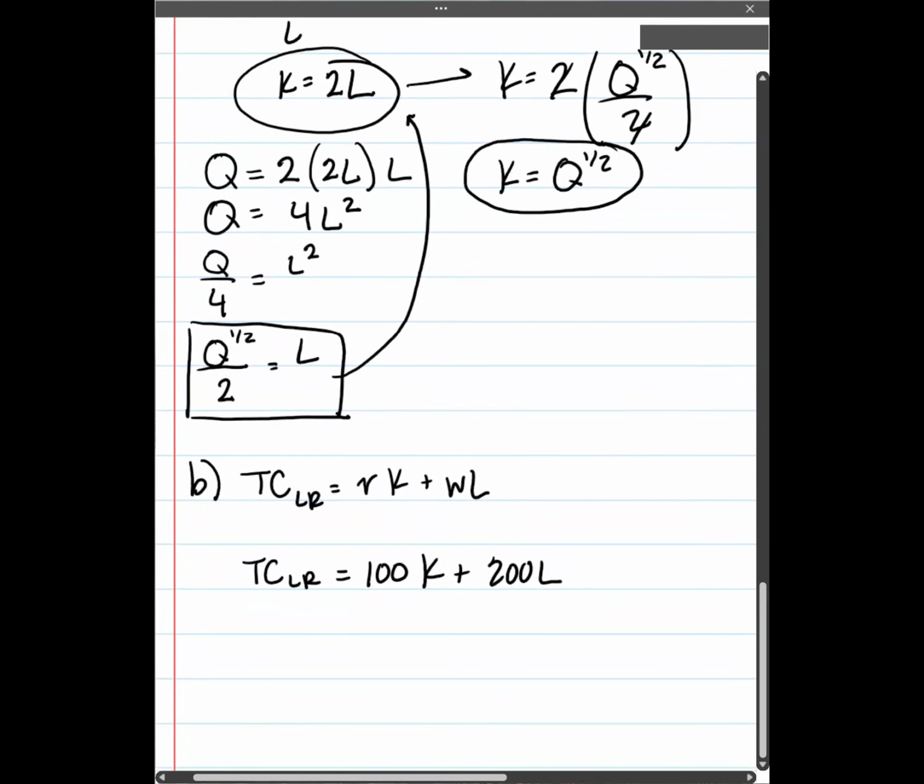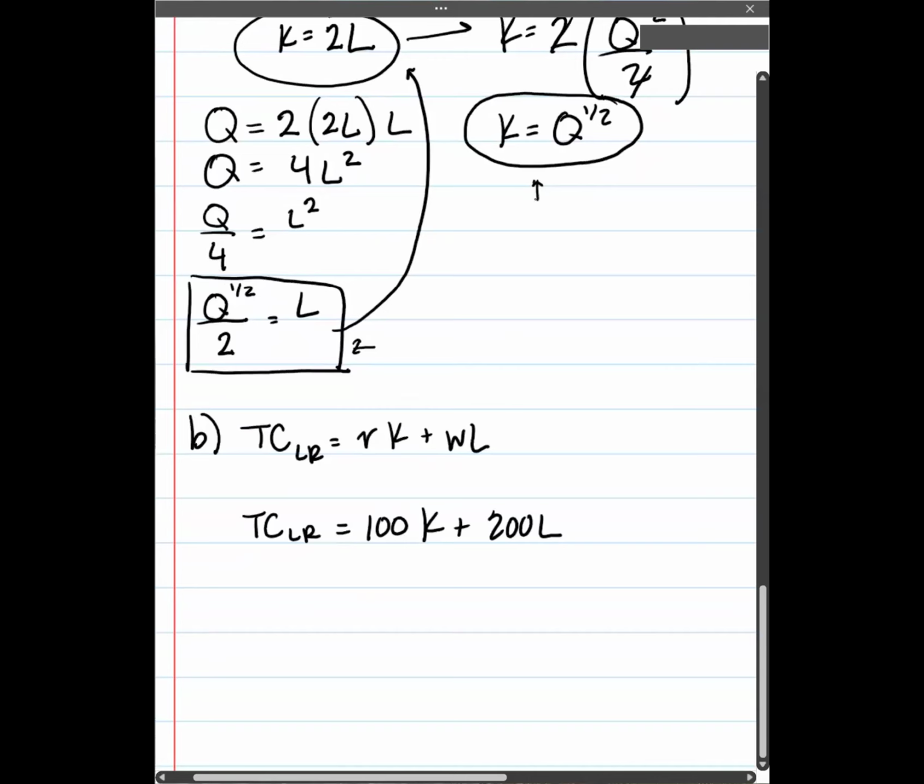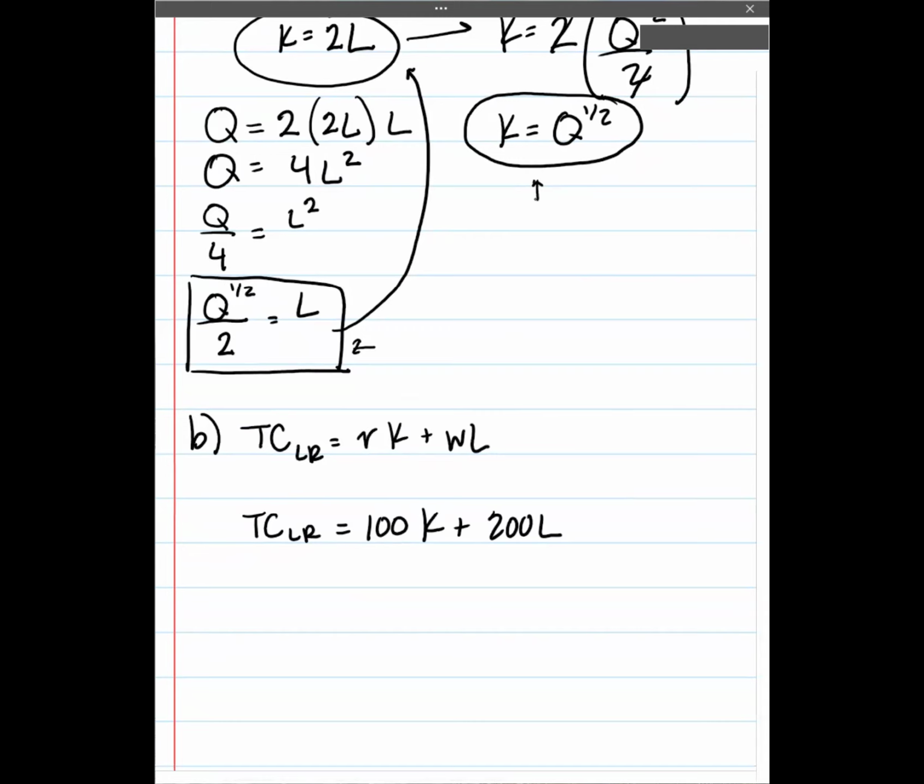We take the firm's demand for labor and demand for capital, which we previously found in part A, and substitute for labor and capital respectively. So we get total costs in the long run equal to 100 times the square root of quantity plus 200 times the square root of quantity divided by 2.